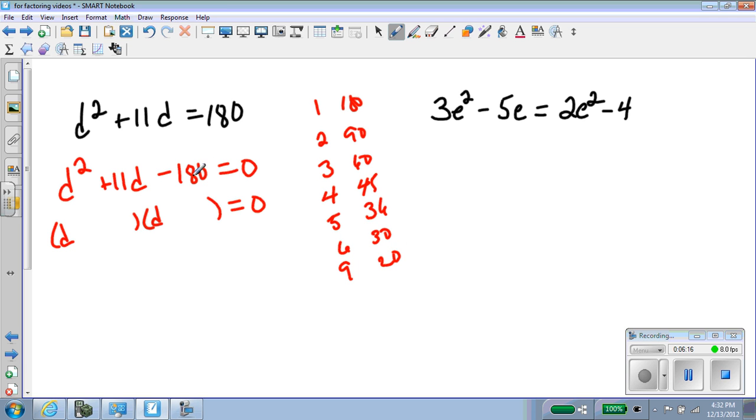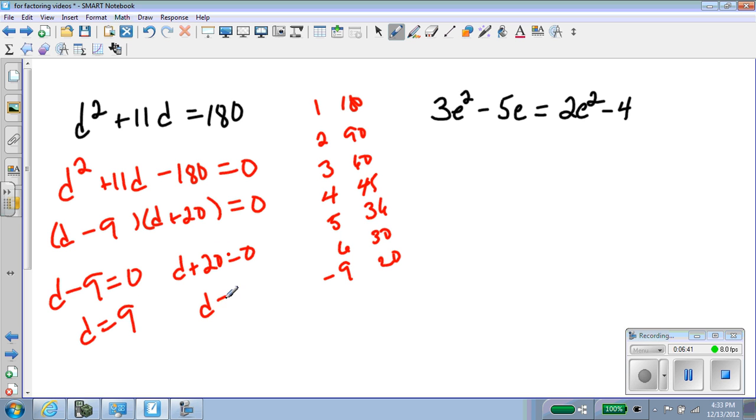The 180 should be negative, but the 11 should be positive. So I'm going to make the smaller one negative and the bigger one positive. Minus 9 plus 20. So D minus 9 equals 0, or D plus 20 equals 0. So D equals 9, or D equals negative 20. Phew, that was a lot of work.